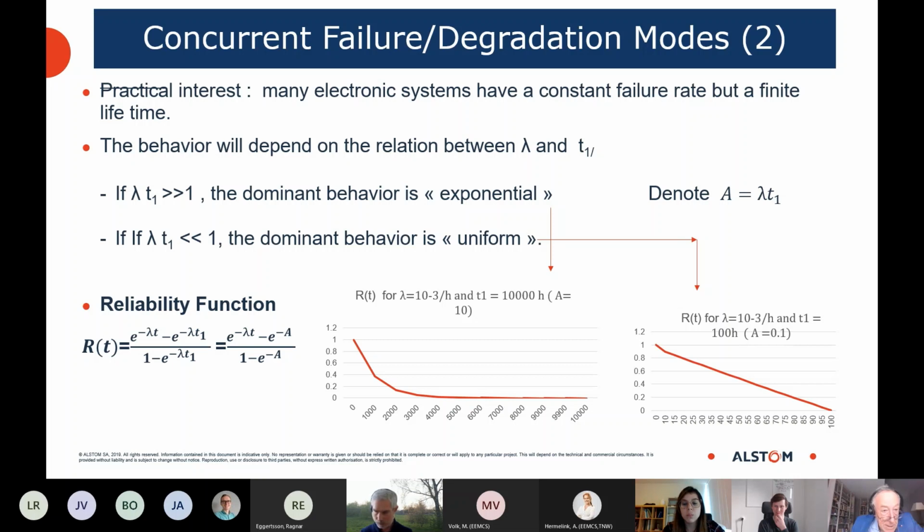So yes, this is ongoing work, but you're right, it's a fundamental question, because in most cases you have concurrent failure modes or concurrent degradation modes. Either there's a dominant one and you can choose to forget the other ones, or not. And if not, then you do have to have a complete picture.